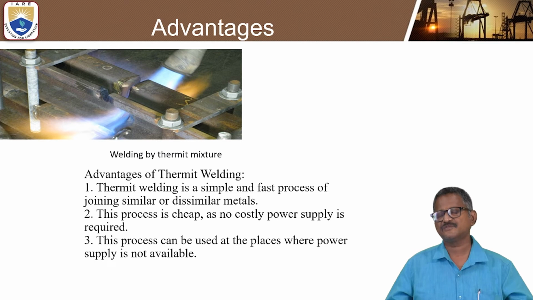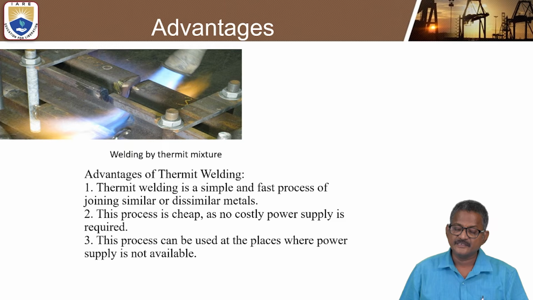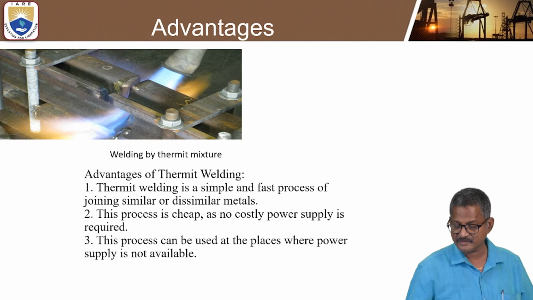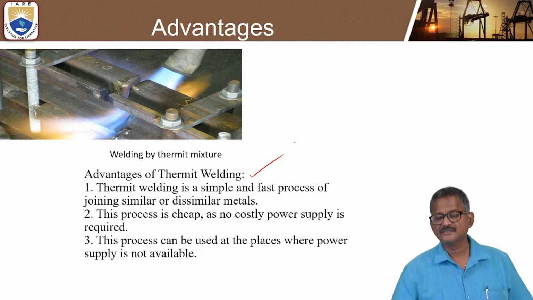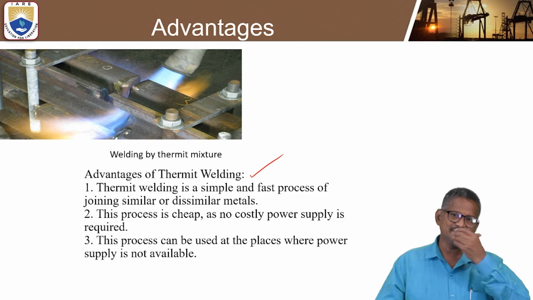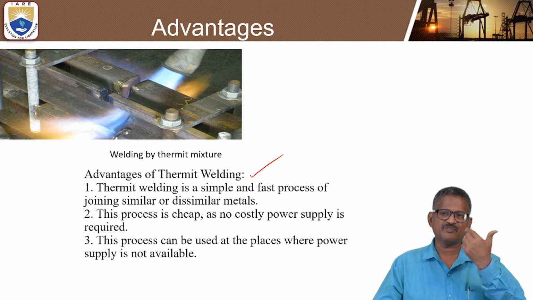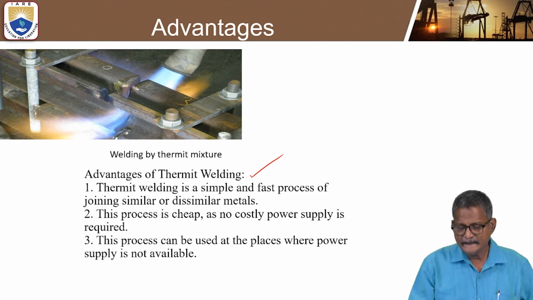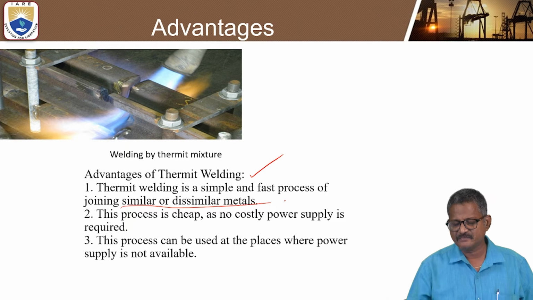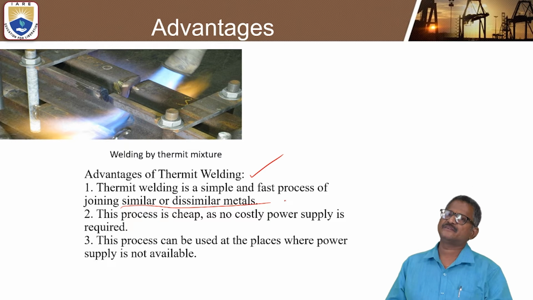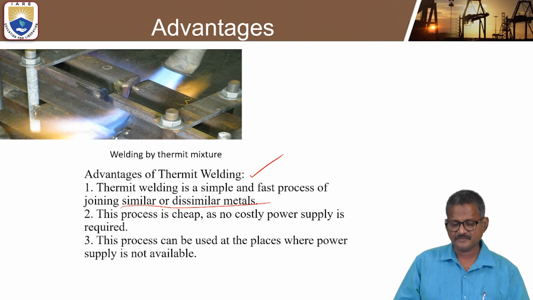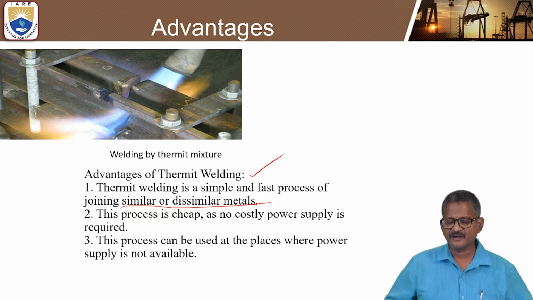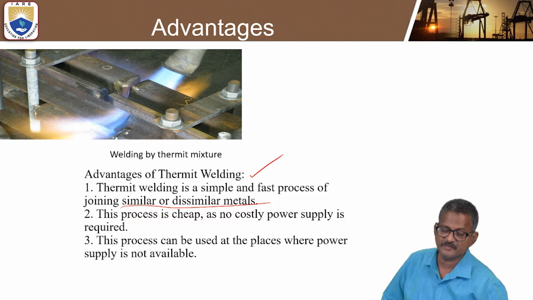First, the advantages of thermite welding. In general, thermite welding is a simple and fast process for joining two similar or dissimilar metals. Another important advantage is that this process is very cheap and no costly power supply is required.